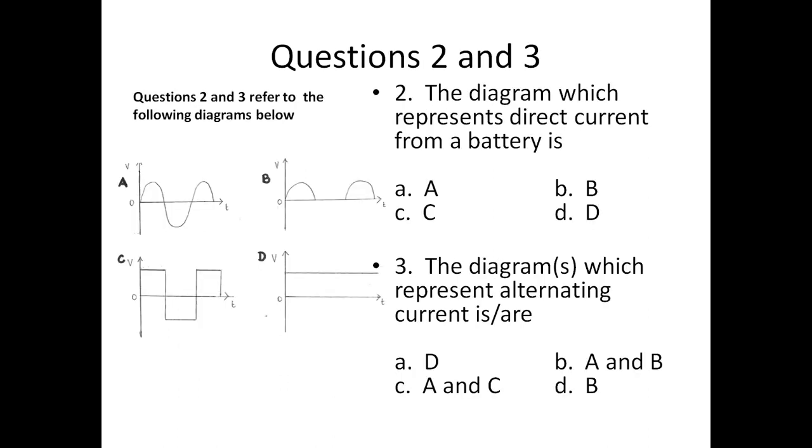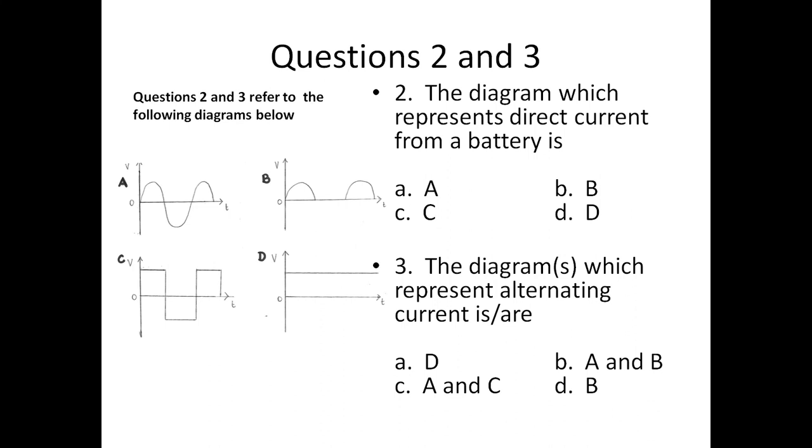Questions 2 and 3 refer to the following diagrams below. I have all of them. Look at them carefully. Now we're going to proceed to the questions. 2. The diagram which represents direct current from a battery is A, B, C, or D. Question 3.